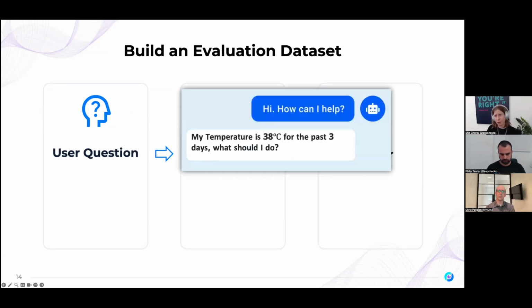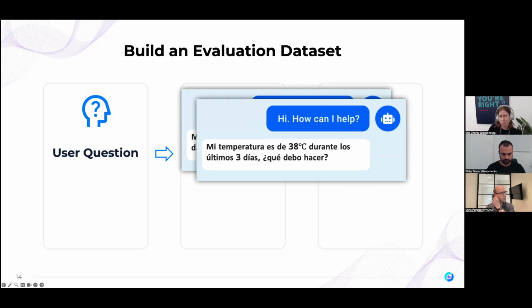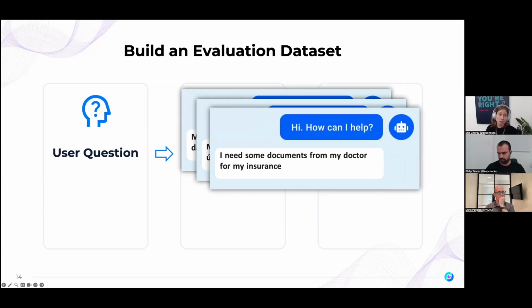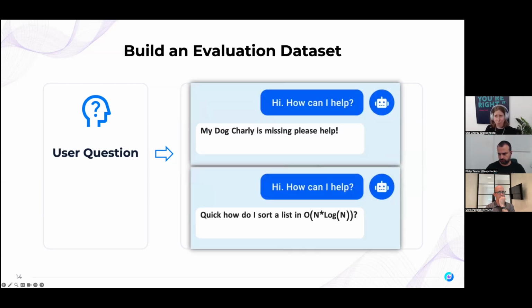For example, a user asking about something medical, and maybe they might interact with the system in different languages. This is something that we would want evaluation data sets to have. And maybe they may ask different types of requests, right? So we would want to make sure that it answers them properly.